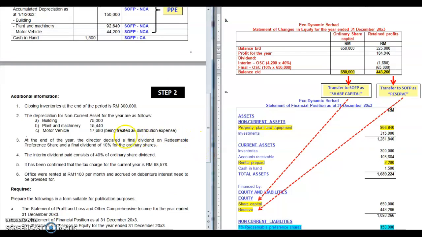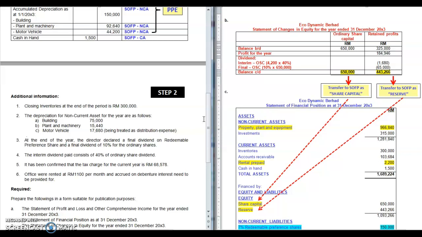Okay, based on the additional information number 1 until number 6, we have to look for any transaction that may relate to the increase or decrease in the ordinary share capital during the year. How to identify? We have to recall what we have learned in chapter 3 and chapter 4 regarding issuance of shares and share buyback.